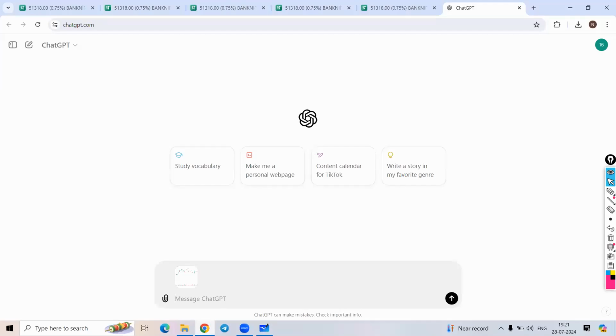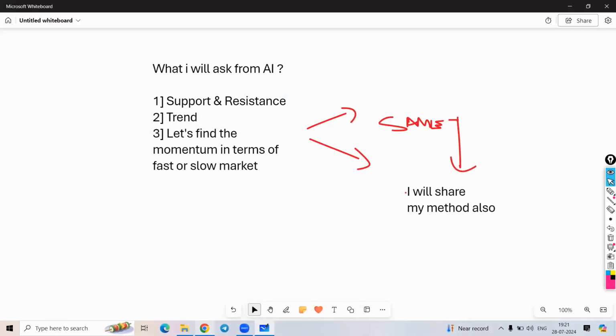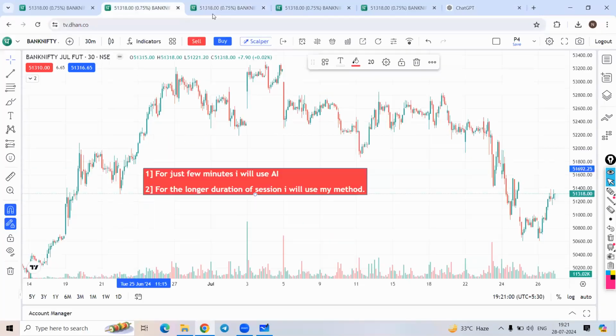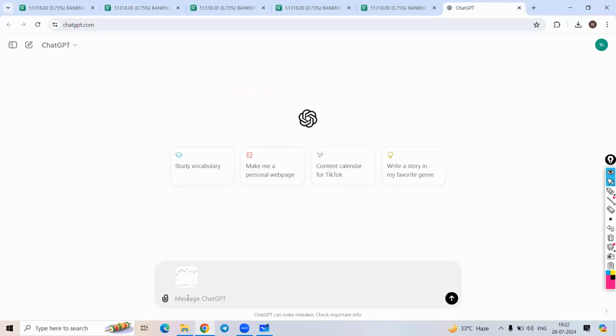So we'll start with the AI. Three things I want: support, resistance, trend. Let's find the momentum in the chart, with the chart I have shared over here. So for AI, what they want is a prompt. We'll do different stages of prompting. In the first stage, we have to make the chat GPT look like a professional expert trader.